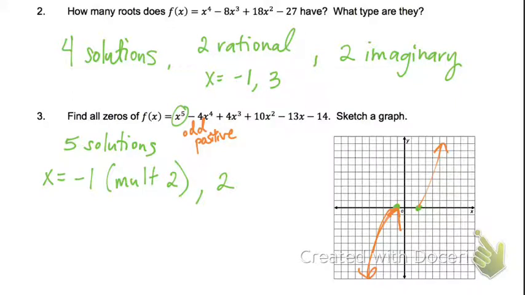Maybe not using your calculator? How'd you get that? It's the last number. If you plugged in x equals 0 into this, you would end up getting -14. So it's going to come down here to -14 and then come back up and go through. Which you can look at your graph and kind of see that it looks that way as well. Yeah, you'll want to match the y-intercept.